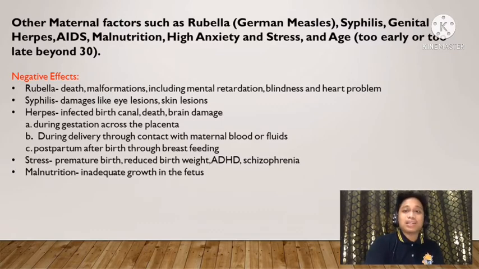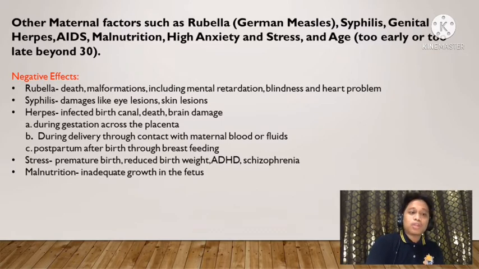It is divided into three classifications: during gestation, across the placenta; and during delivery, through contact with maternal blood or fluids. Next is postpartum, after birth, through breastfeeding.